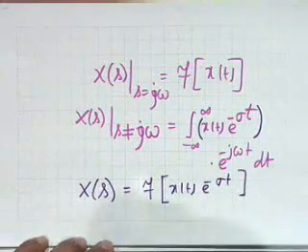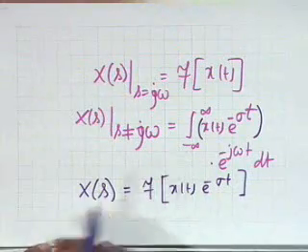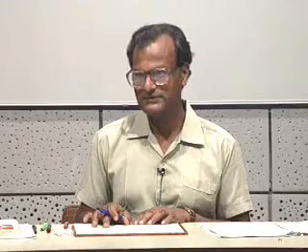Is that clear? The Laplace transform can therefore be viewed as the Fourier transform of the original function multiplied by a factor. And there are many situations in which, if this factor is not there, the Fourier transform does not exist. Is the point clear?